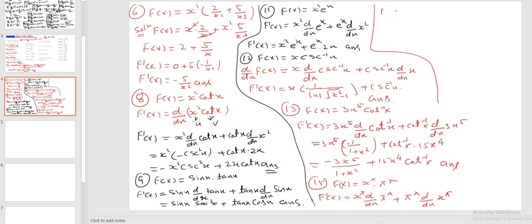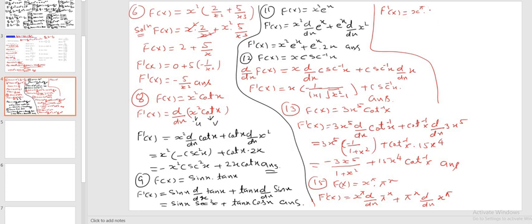f dash x is equal to x to the power pi, and this is pi power x. That means we need to use d dx of a power x. So d dx of a power x is a power x into ln of a, because pi is a constant term.